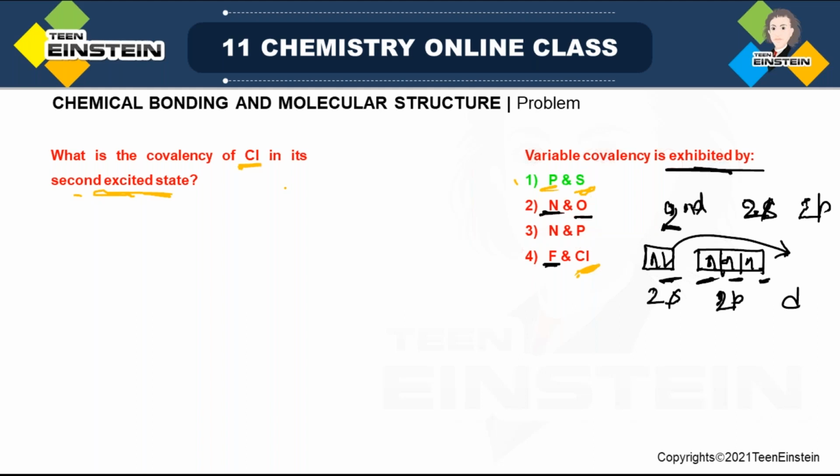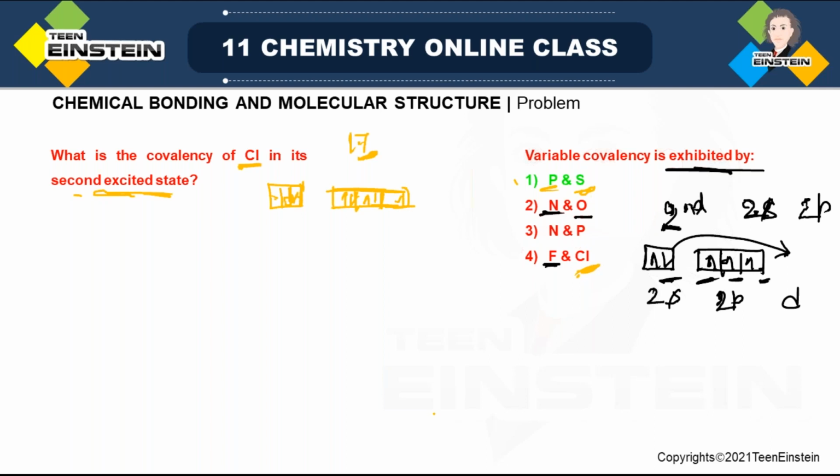That means the valence electron count is given by the last digit of the group. Now it is 3s2, that means 2 electrons in 3s, and 3p5. So 2 pairs and 1 single electron.